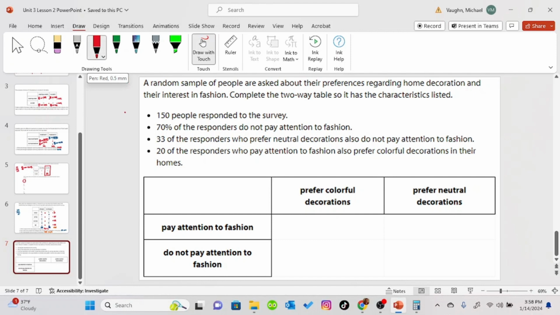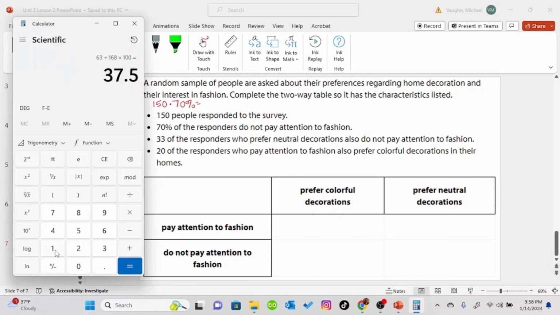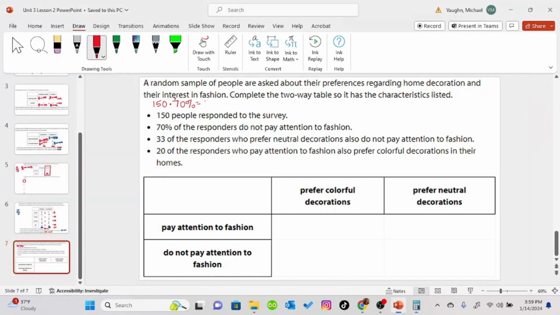So we have 150 total. We're going to multiply that by 70%. And that's 105.